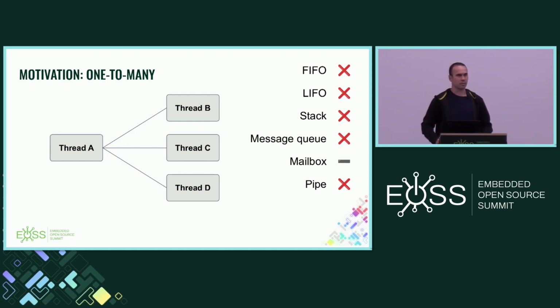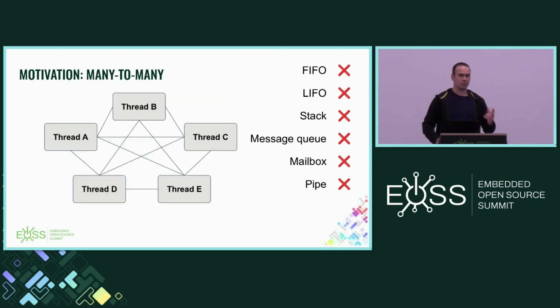Here we just have a mailbox, and you need to do a lot of manual things to make that work. Even many-to-many communication is really hard to do. Even two-way communication would need a lot of queues or FIFOs, so it's not easy.